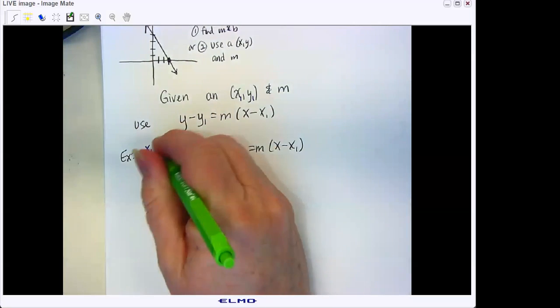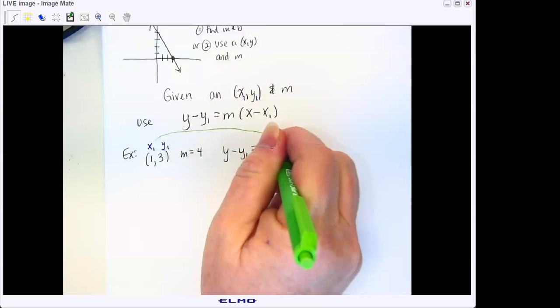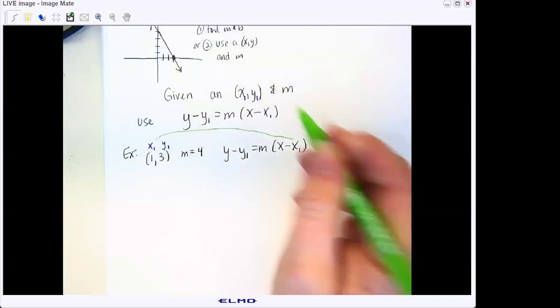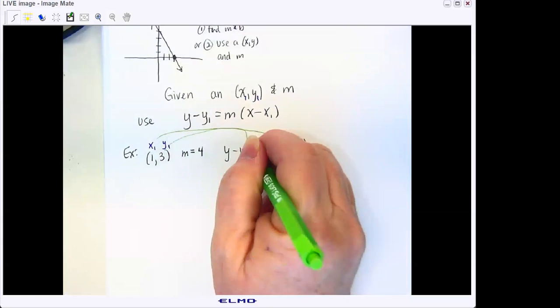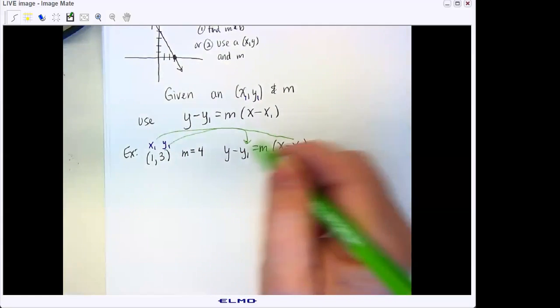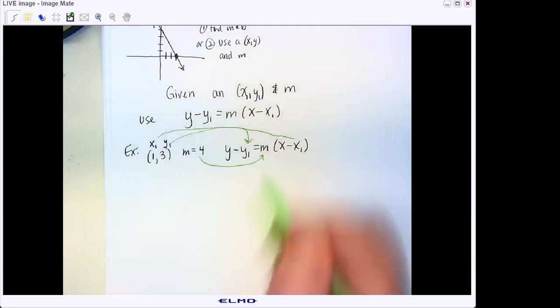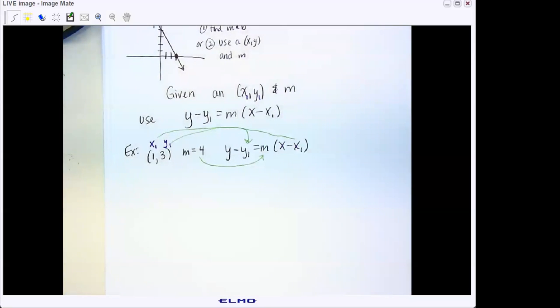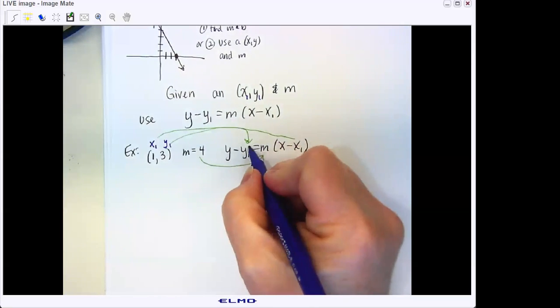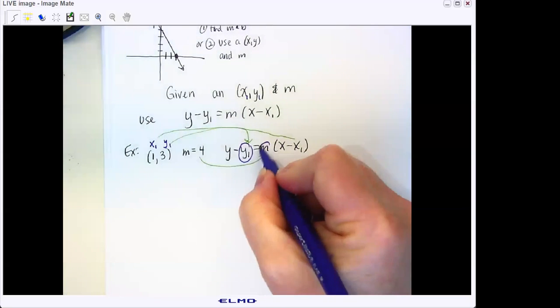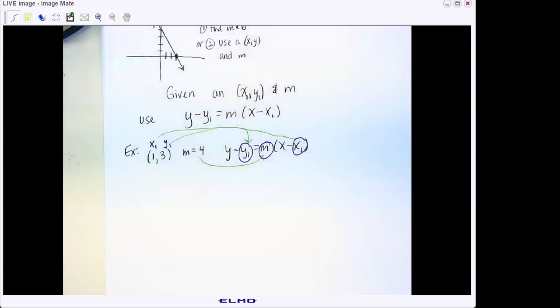This goes right there, this goes right there, and the m goes right there. So what we're filling in is y1, m, and x1. The y minus and the x minus stay put. They don't change.